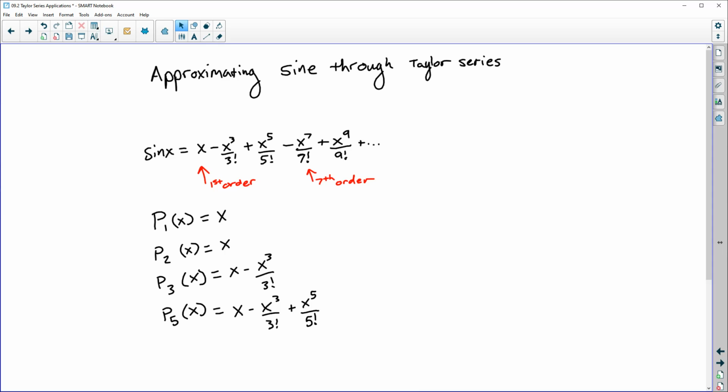If I write p sub 1, we get just that the Taylor polynomial is equal to x. If I write p sub 2, that is x plus a 0 second order term. So the pertinent ones for sine are the odd Taylor polynomial sums.